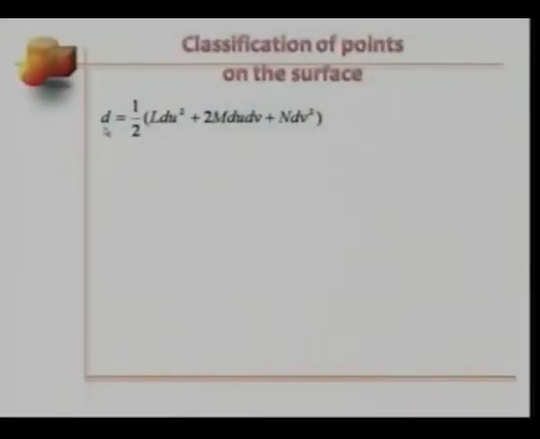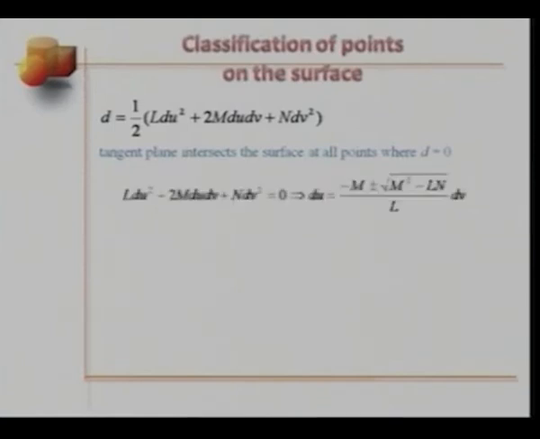We had found the equation for D, which is the projection of PR, 2 points on a surface patch, on the normal passing through the point P on the patch, as half L du squared plus 2m du dv plus n dv squared. We figured that the tangent plane intersects the surface at all points where d equals 0, and we had computed the corresponding condition for that.